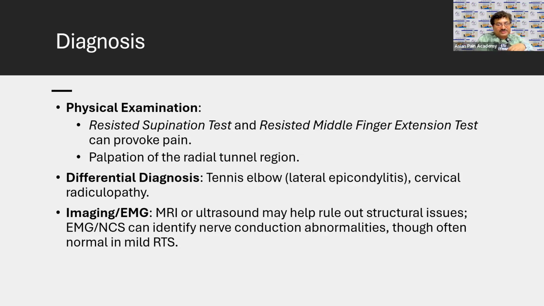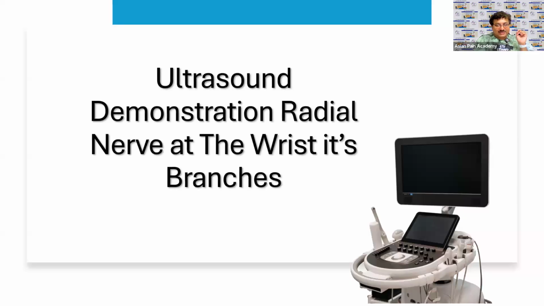Differential diagnosis is definitely tennis elbow, and sometimes cervical radiculopathy, especially C6 radiculopathy, can be confused with radial tunnel syndrome. Investigations include electrophysiology that can diagnose this condition, and also MRI or ultrasound if there are any structural abnormalities seen in this area.